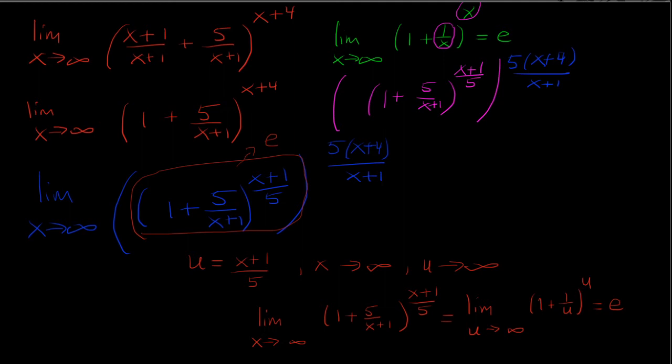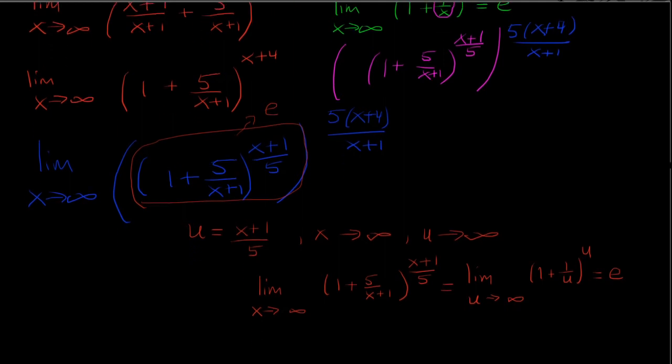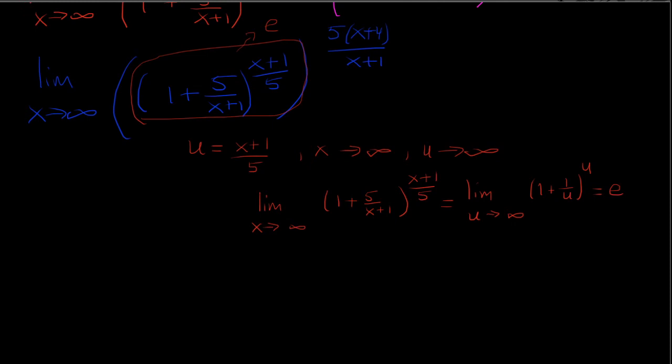Okay, now I'm going to take this and I'm going to have e to the limit as x approaches infinity of 5 times (x plus 4 over x plus 1).